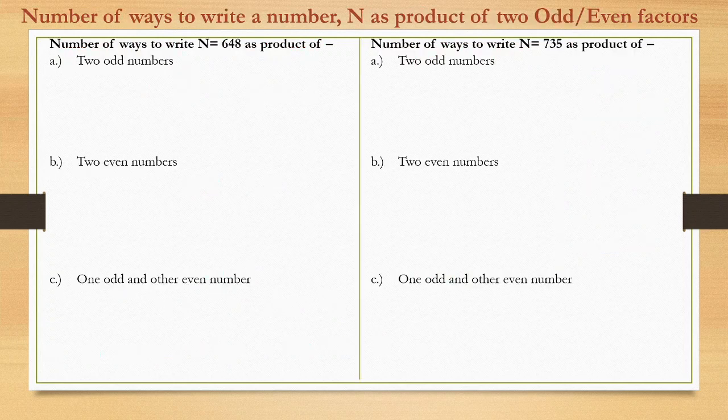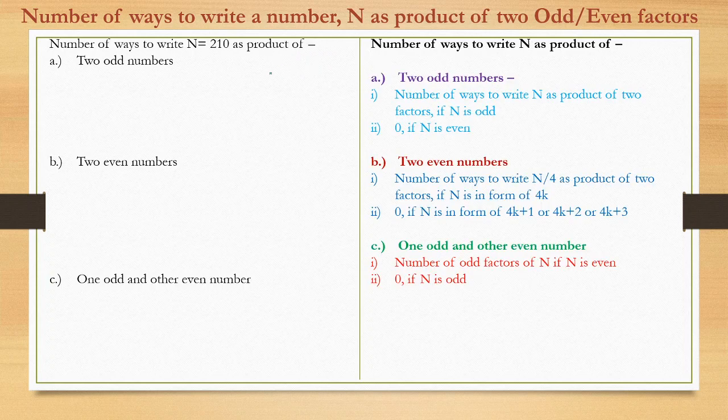Now the same number, we'll see some further cases. See here, so here 648 we know is 2 raised to power 3 into 3 raised to power 4. Now we have to write 648 as a product of two odd numbers, right?